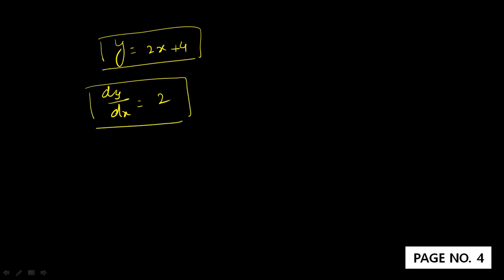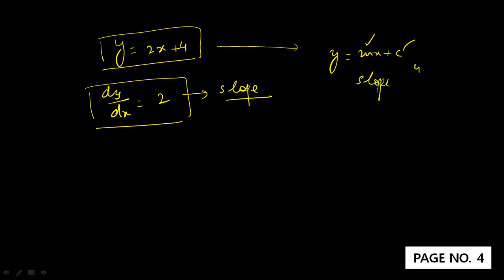If you know about the derivative, then it's okay. This one is basically the slope. Or second thing, you can write y = mx + c. m stands for slope and c is known as the y-intercept. These are the contents we have already completed in class 11.